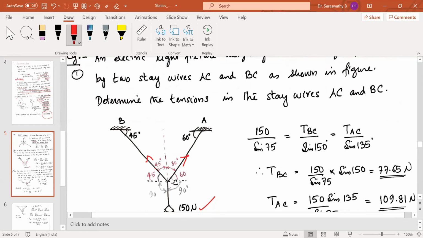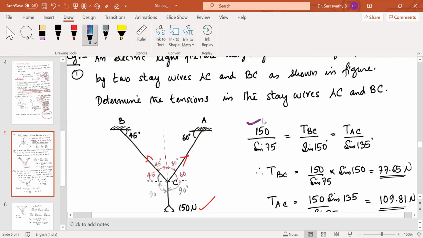What is Lami's theorem? 150 divided by sine of the angle between the other two is equal to tension in CB divided by sine of the angle between 150 and this, and tension in CA divided by sine of this angle. So let us see.